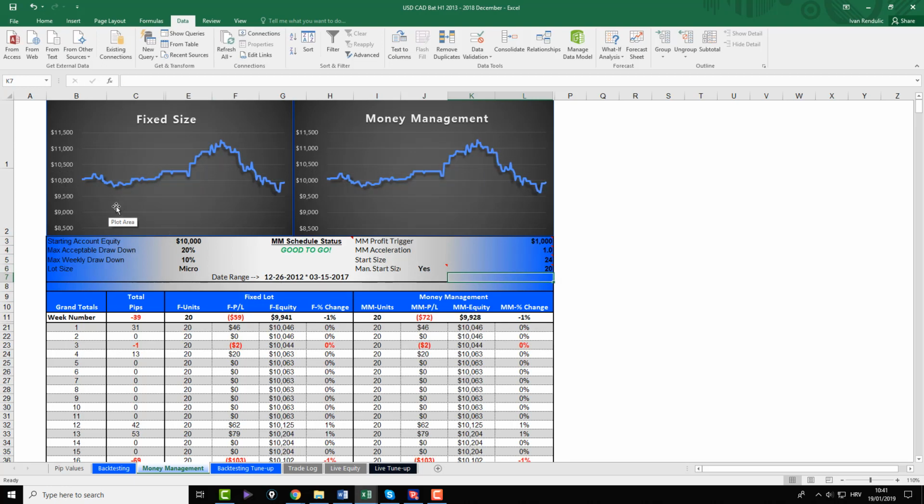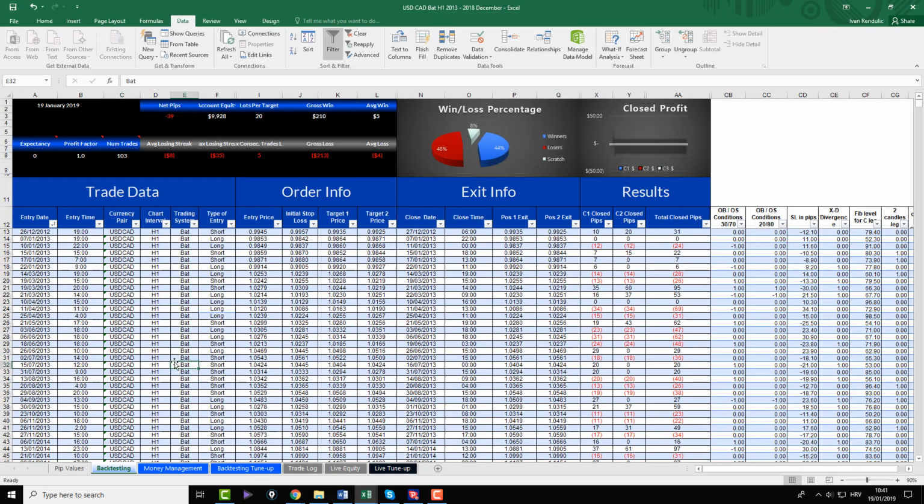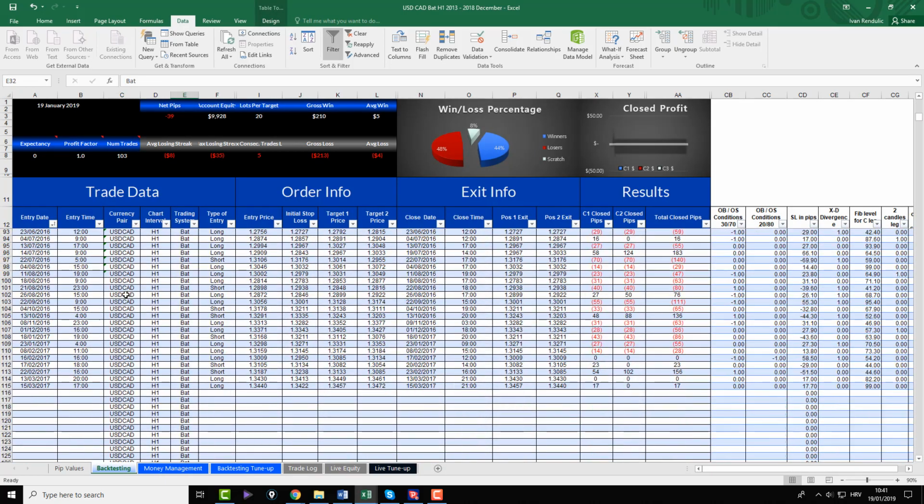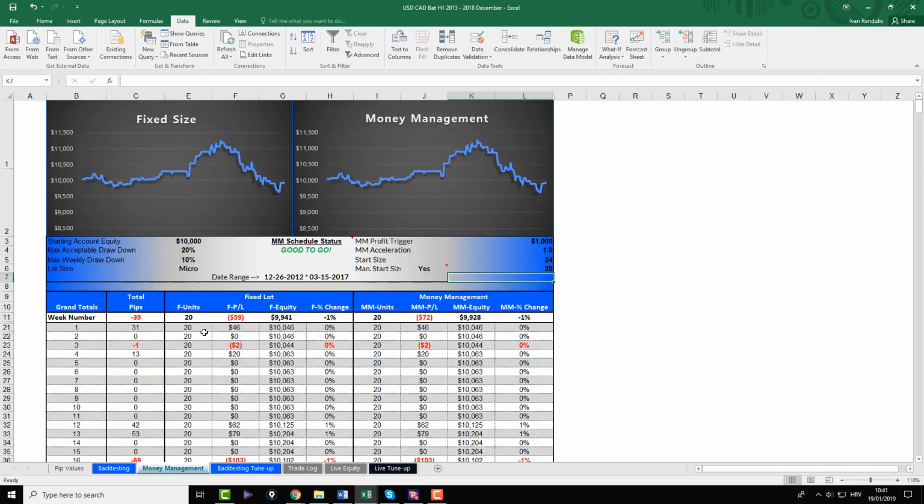This is how my equity curve would look if I were to trade the bat without filtering, every bat that I saw in the past five years, from the 26th of December 2012 to the 15th of March 2017.